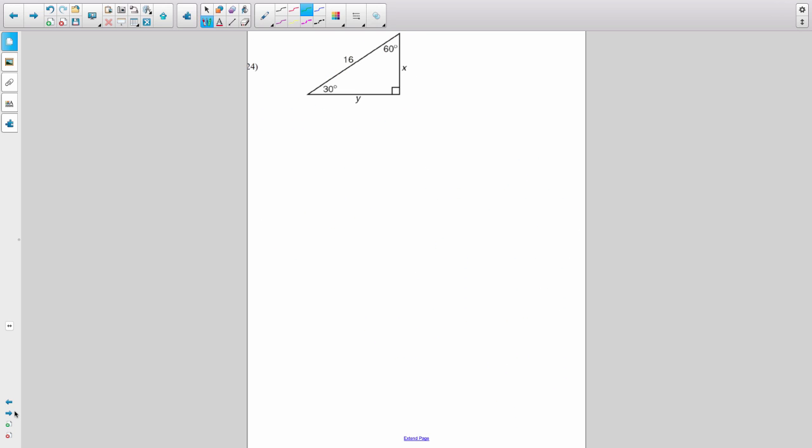These questions are hopefully easy to recognize, right? Sometimes they just give you the 30 or the 60, but in any event, these are special. And they're cool because you don't really have to know much about the sides of the triangle in order to find the other sides. Look, you have 16 here as a hypotenuse, and you're being asked to find this side, which they're calling x, and this side, which they're calling y.